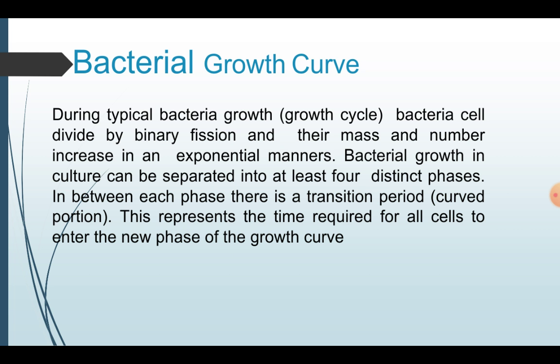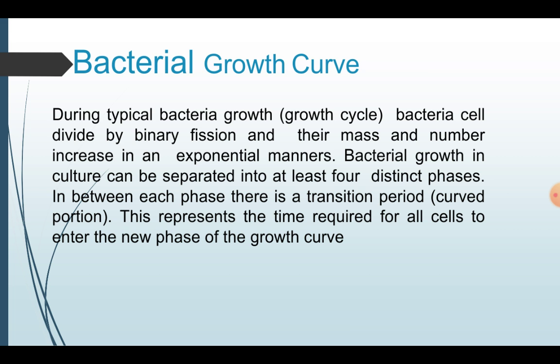Bacterial growth curve. During typical bacterial growth, bacterial cells divide by binary fission and their mass and number increase in an exponential manner. Bacterial growth in culture can be separated into at least four distinct phases. In between each phase there is a transition period.